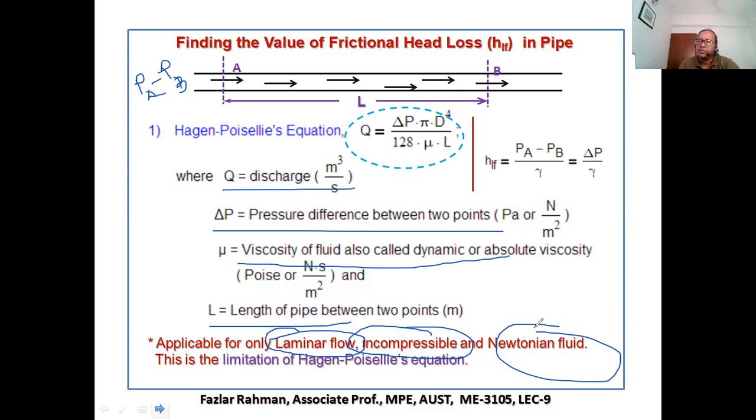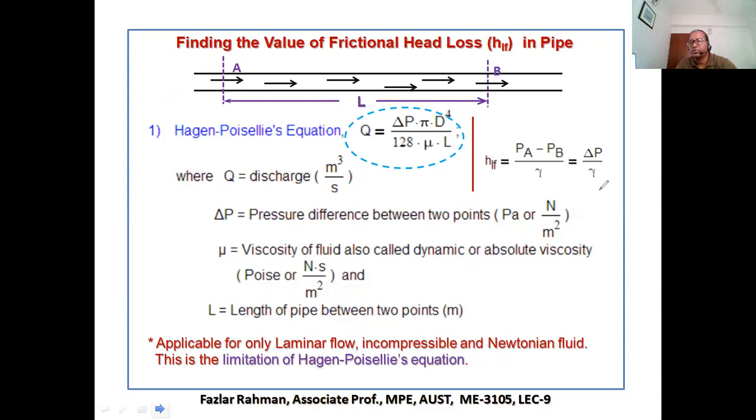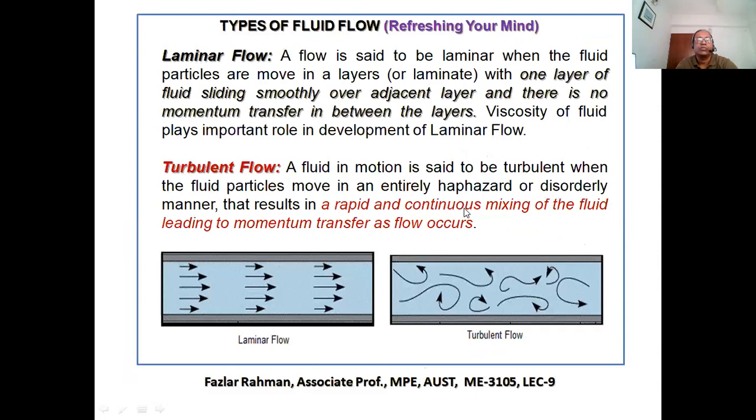You need to use the Reynolds number to figure out if your flow is laminar or turbulent. So due to this limitation, Darcy-Weisbach developed another equation, and his equation we can use in both laminar flow and turbulent flow.